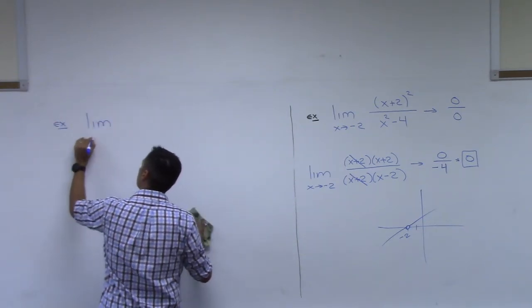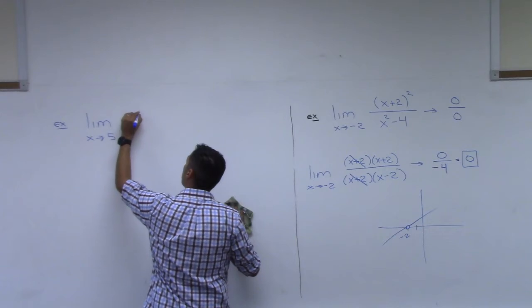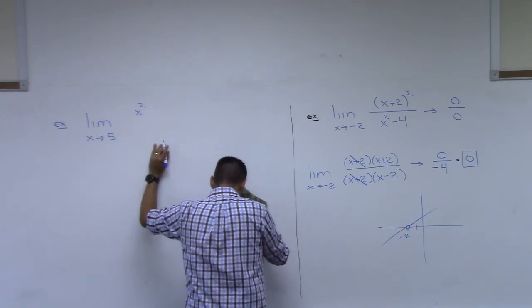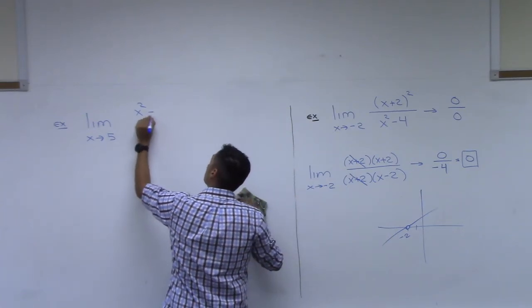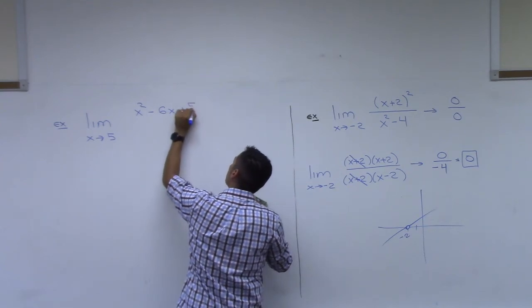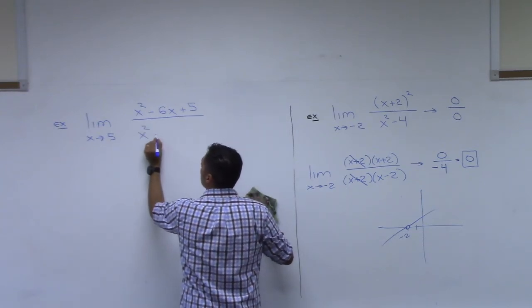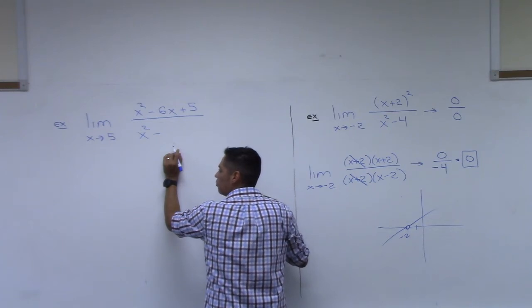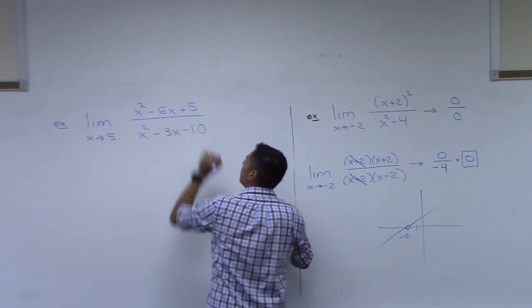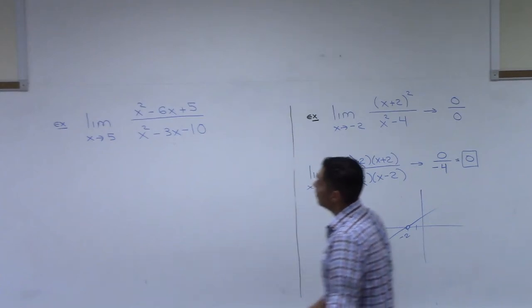Let's do limit as x approaches 5 of x squared minus 6x plus 5 over x squared minus 3x minus 10. Hopefully I did that in my head, so hopefully this will work out.